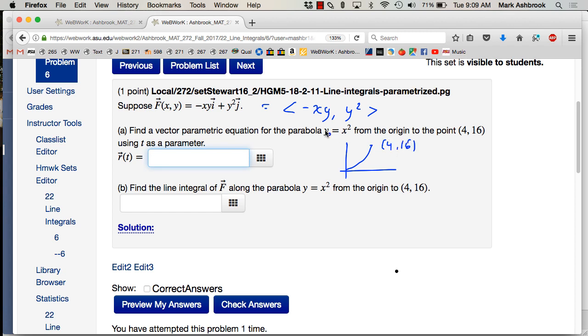And so these types of functions are the easiest to parameterize, because all we have to do is what? Yeah, so when you've got polynomials like this, the technique is t, comma, and then if x is t, then y is t squared.